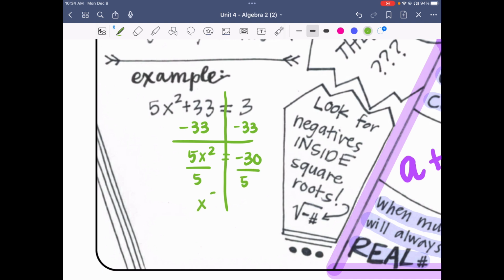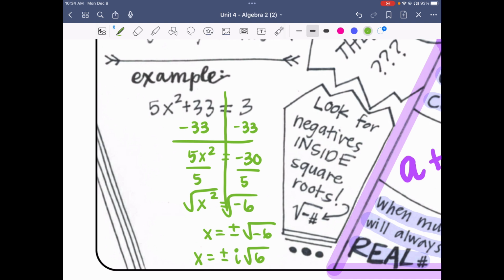And I get x squared equals negative 6. And then when I square rooted both sides, I would get x equals positive or negative radical negative 6. But of course, it's not simplified if we still have a negative in the radicals. So I would need to rewrite this as positive or negative i radical 6 for my final answer.